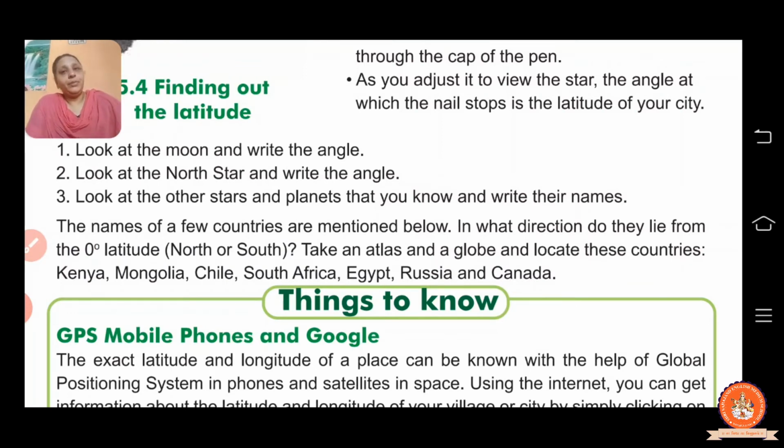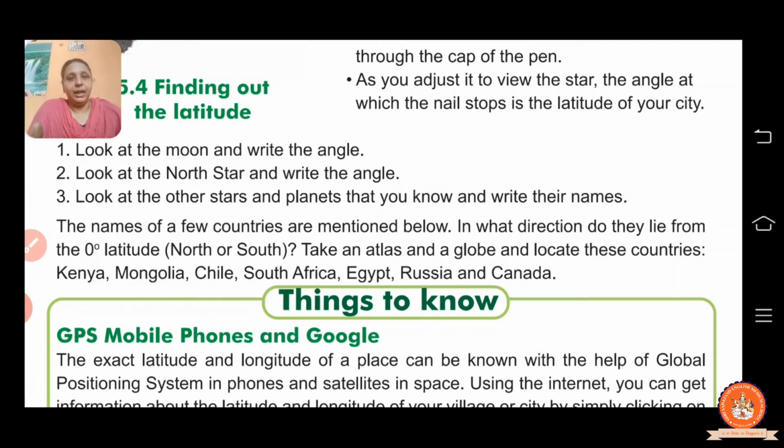If we say 23.5 north latitude, which countries pass through it? On the north side, India, Bangladesh, Myanmar, China, Saudi Arabia in Asia. Okay beta, Egypt, Libya, Algeria, Mali.